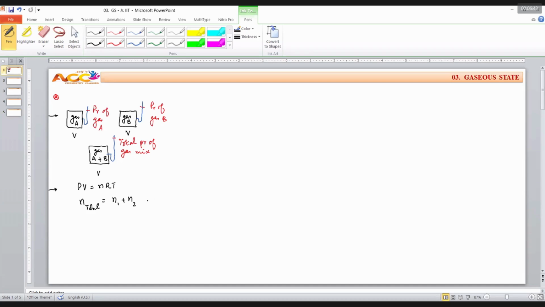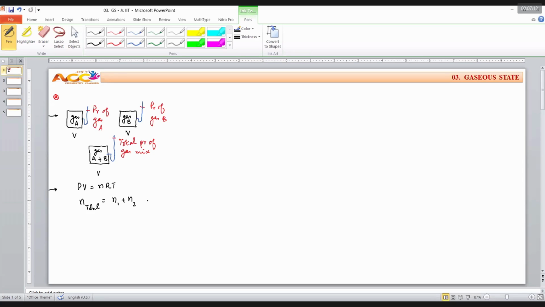Remember, N1 plus N2 is sometimes correct, sometimes wrong. Sir, what is the problem? Suppose the gases we are combining, A and B, do not react chemically, they simply go and dance, do not react with each other, then my statement is correct: total number of moles is N1 plus N2. But if they are reacting together, then the number of moles may change.